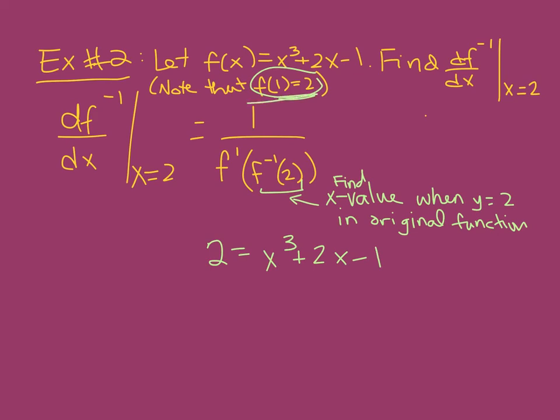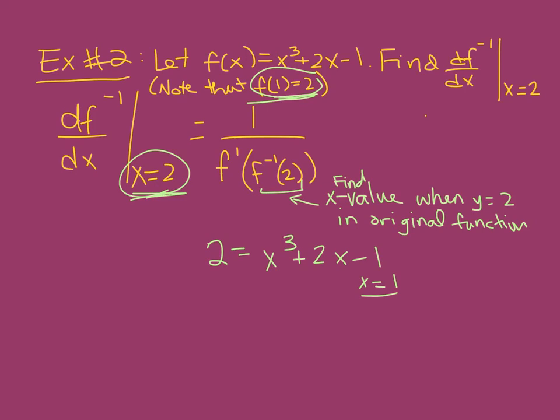So we know that in that case, the x is going to be equal to 1. I know this looks confusing because right here we have x equals 2. This x is in the original function, this x is in the inverse function. So they're not the same thing. The x in the original is equal to the y in the inverse and vice versa.